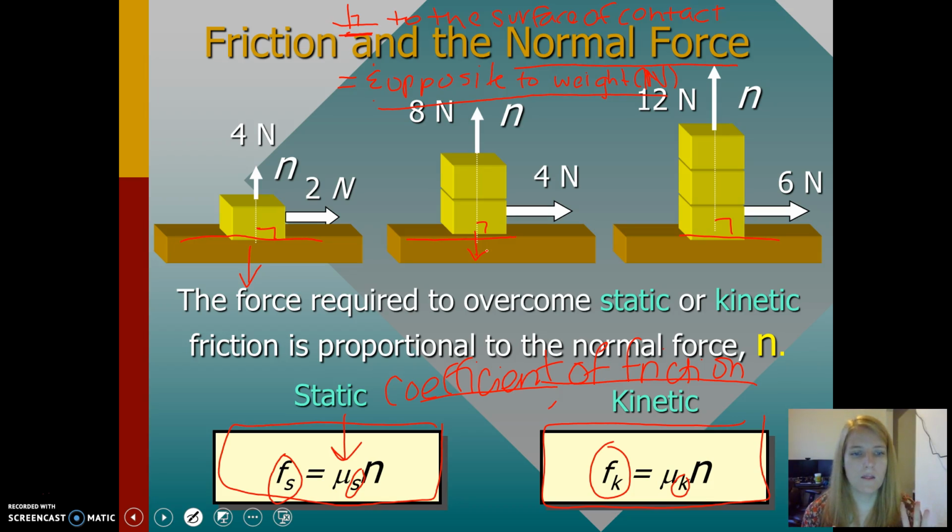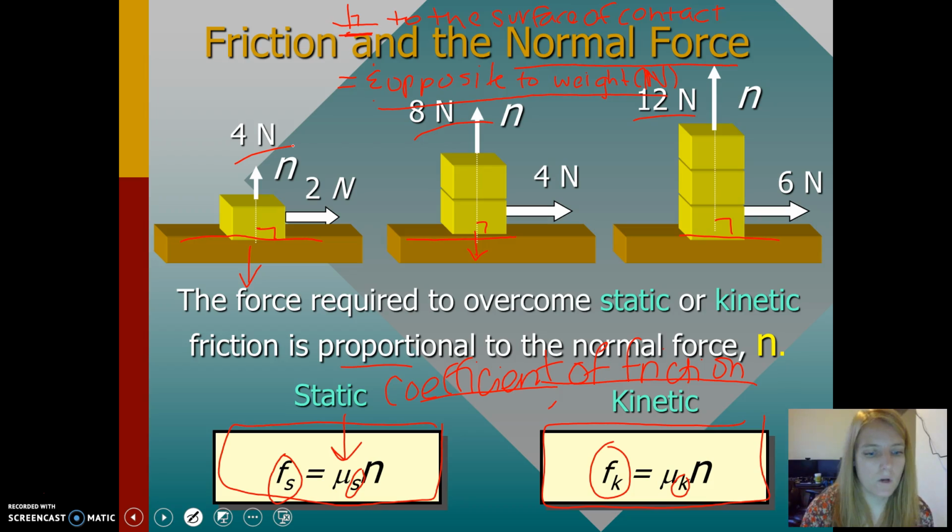Now, the force required to overcome static or kinetic friction in both cases is proportional to the normal force. What that means is the more normal force there is, the heavier that object is, the more force you're going to have to use to push it. So the heavier it is, the more force you have to put in to get it to move and to continue it moving.